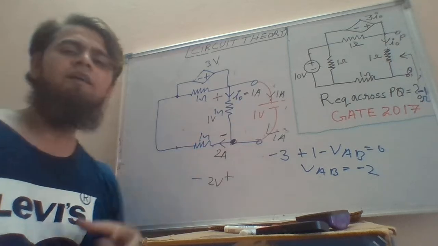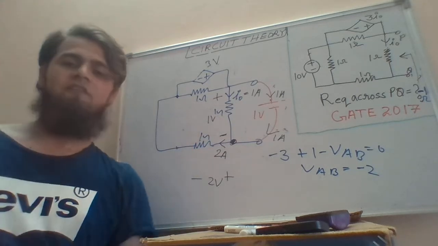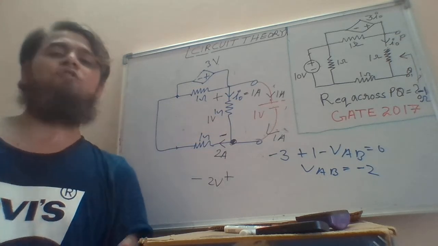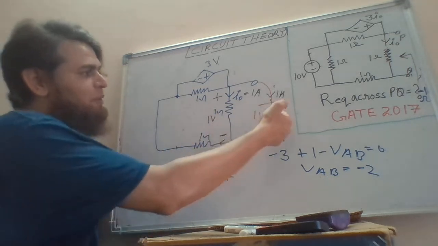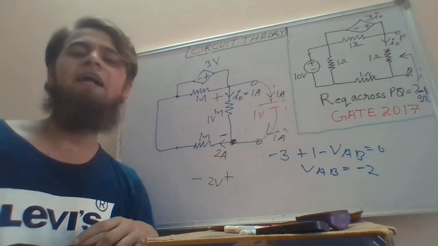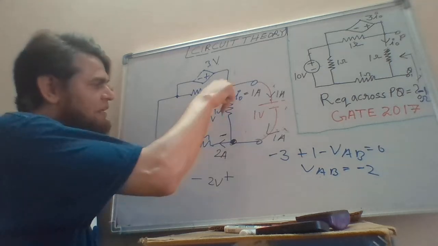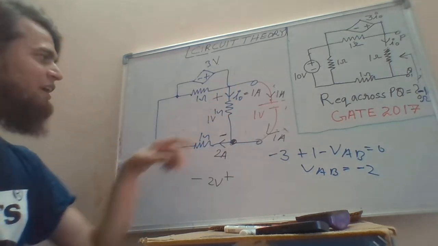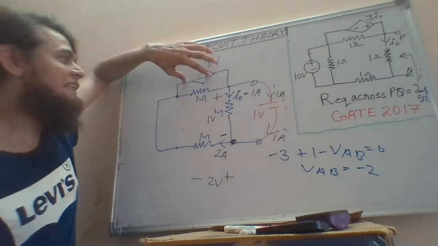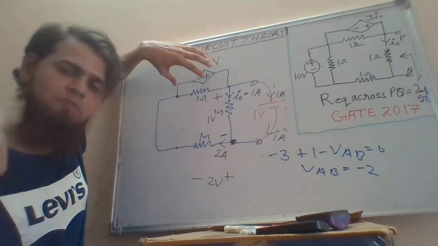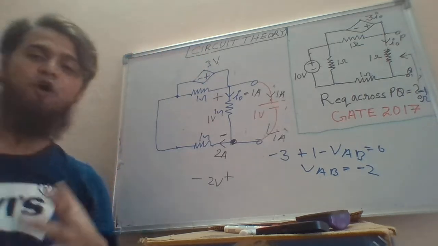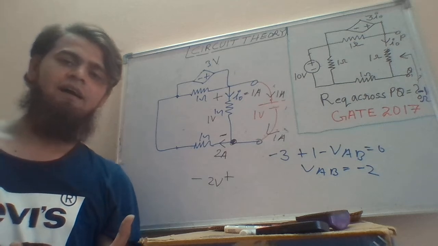And this I naught cannot appear by itself. This I naught requires some independent source. So in fact, because of this external independent battery, this I naught must have come into the picture. And the moment I naught appears in the picture, this dependent battery comes into the circuit. This dependent battery starts showing its teeth.